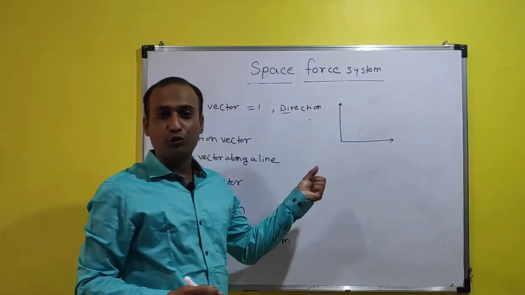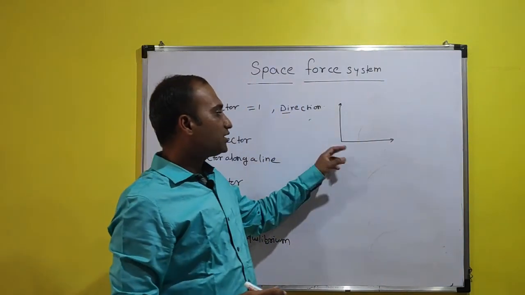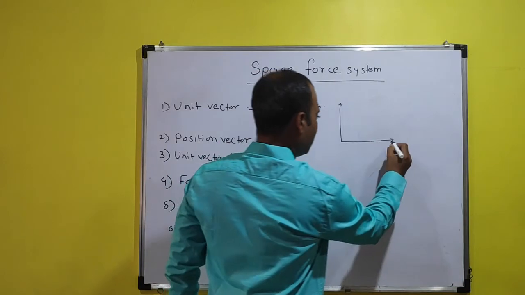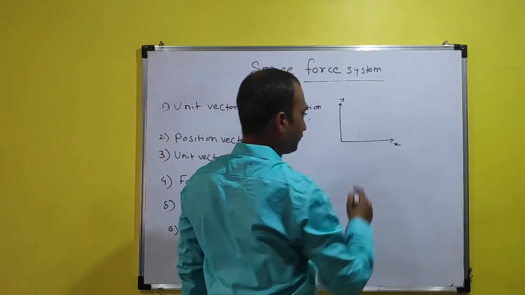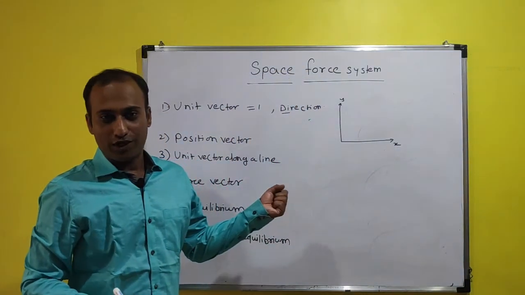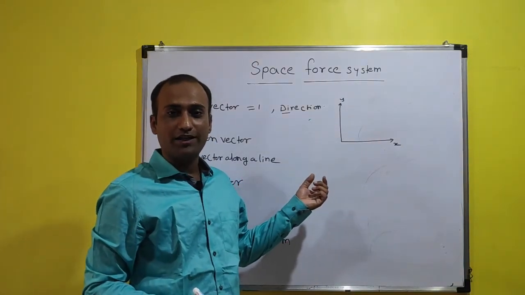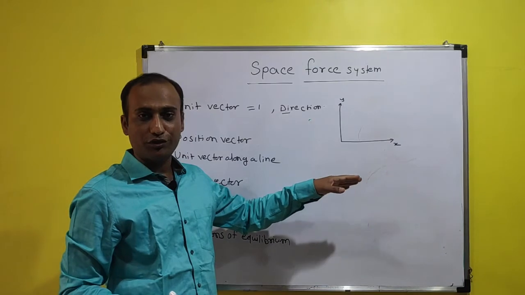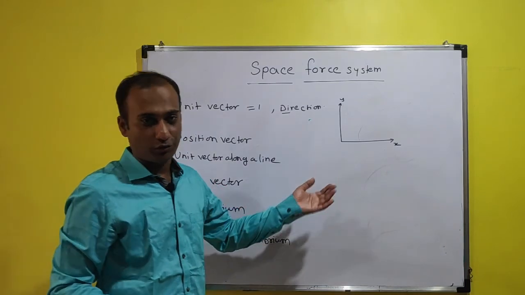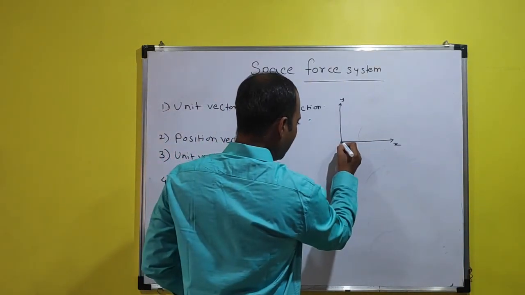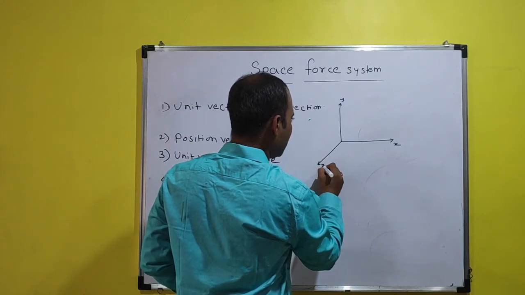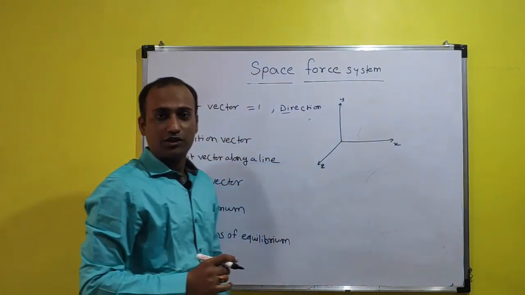First of all, in 2D or plane, we consider x and y directions only, and there we have seen the equilibrium equations, that is summation of Fx is equal to 0 and summation of Fy is equal to 0. But here we can have one more axis, that is z, for space.